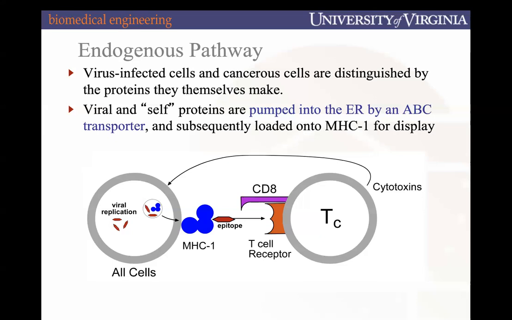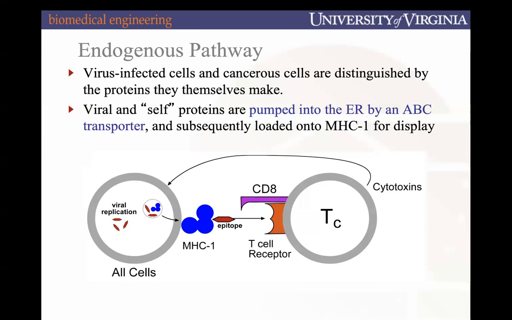if it in fact is seeing its cognate antigen. So the whole idea here is that it's a way of interrogating all of the proteins that are being produced. Because typically viral infection will hijack our machinery to replicate itself. And when that happens, there's typically going to be pieces of that protein produced. In the case of coronavirus, spike protein is a key antigen here.